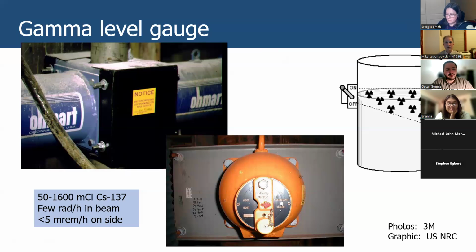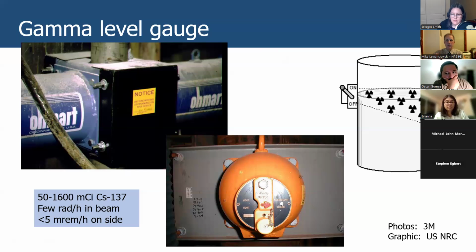And in the most basic process, it's just simply detecting that there's something present or there's something absent. So the diagram on the right-hand side of the slide illustrates a radiation source and two detectors, a high-level detector and a low-level detector. When there's material in the vessel that covers the low-level detector, that tells us that there is something at that level.